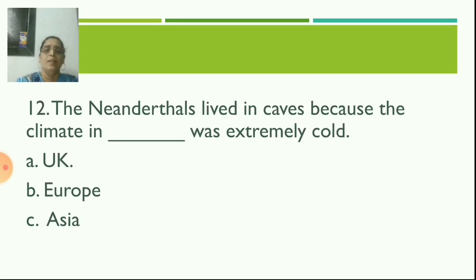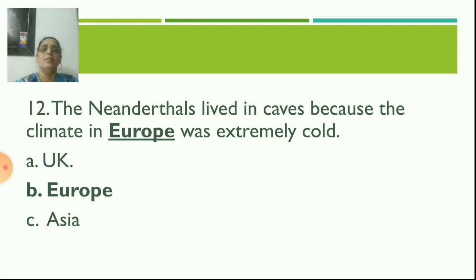Okay. Now the next, 12th. The Neanderthals lived in caves because the climate in dash was extremely cold. Options are A. UK, B. Europe, C. Asia. And your answer is B. Europe. So students, the Neanderthals lived in caves because the climate in Europe was extremely cold. Okay.